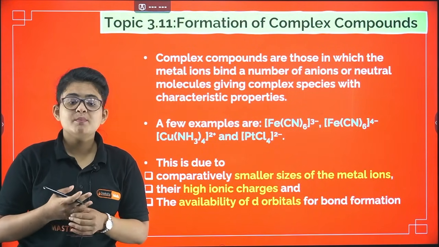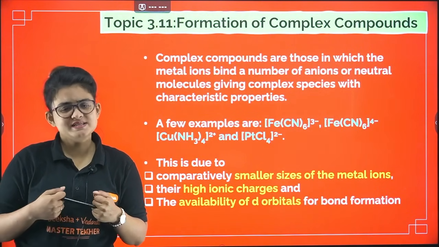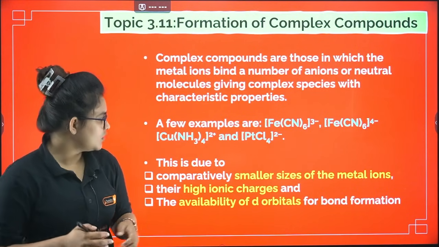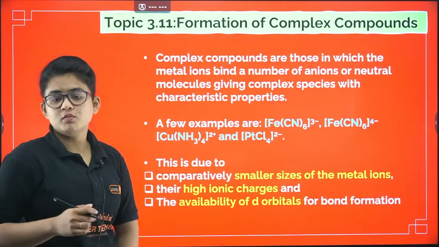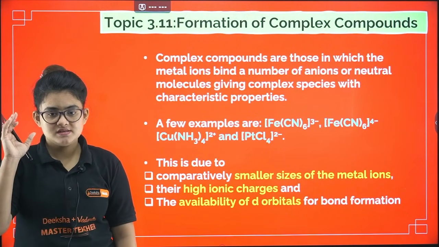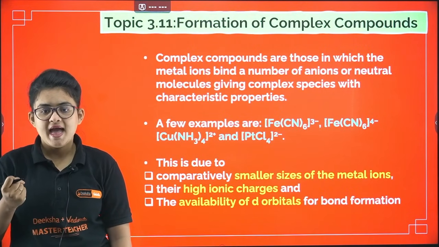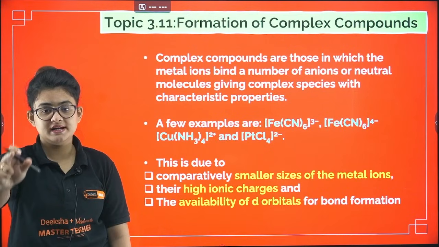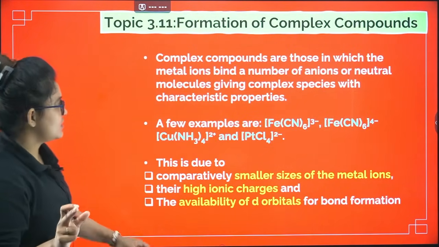The ligand approaches the metal center, and multiple ligands can approach and form the complex. A few complex examples are given here. Why do they form complexes? First, the smaller size of the metal ions, and high ionic charge, and availability of vacant d orbitals, that is the most important reason to form the complex. I guess it's all good.